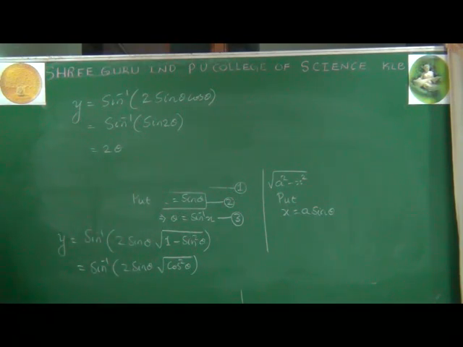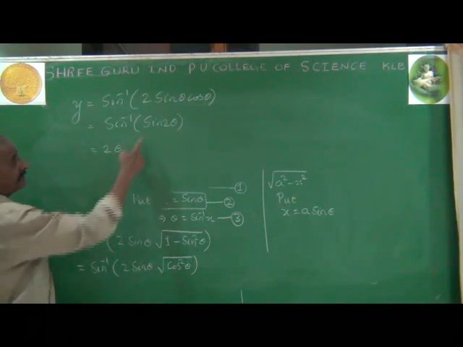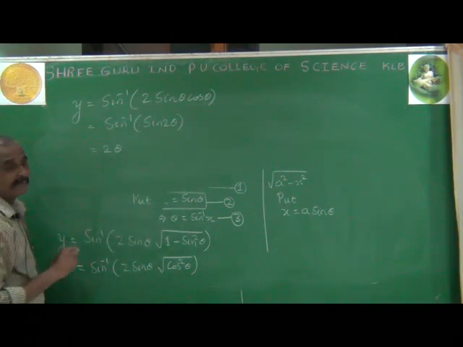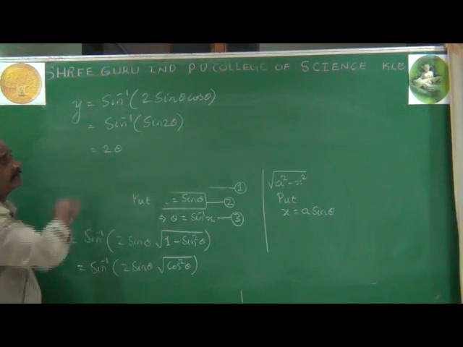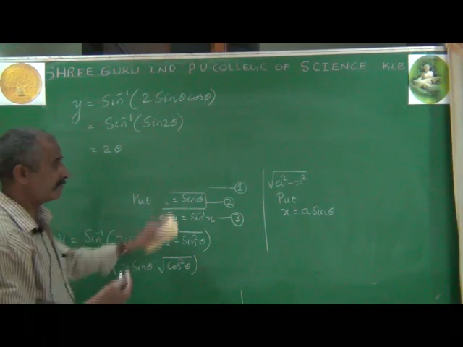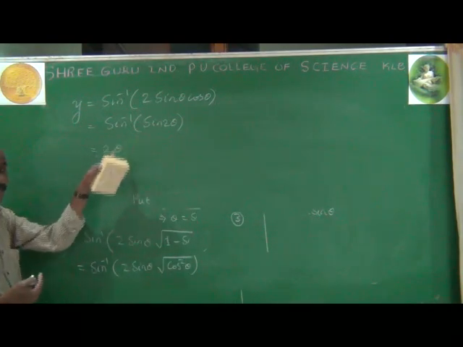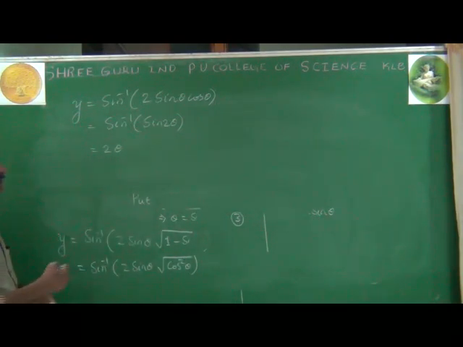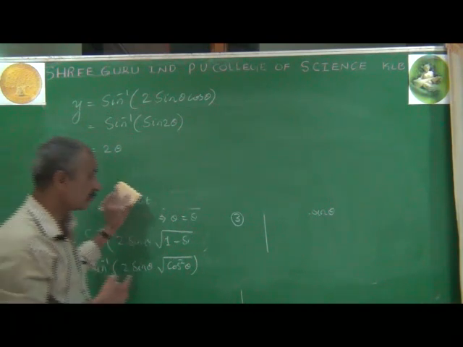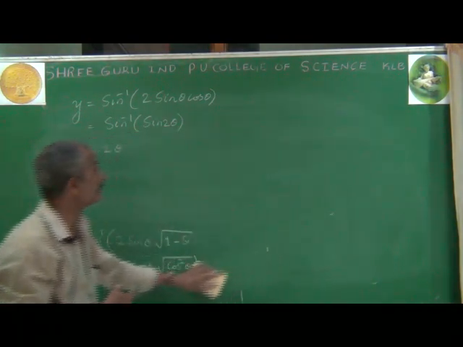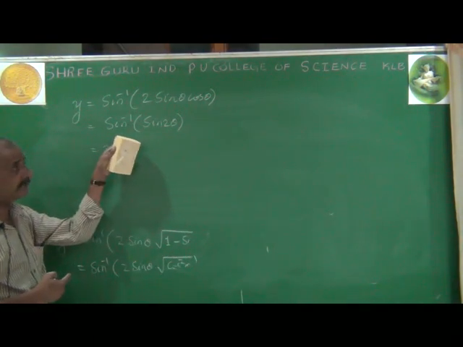Don't think like some people who say sin and sin inverse cancel. No, it's not like that. Sin and sin inverse never cancel by means of division or multiplication, because these two are function representations. They are not allowed to cancel. Actually, by properties of inverse trigonometrical functions, you can think that sin and sin inverse get cancelled out.